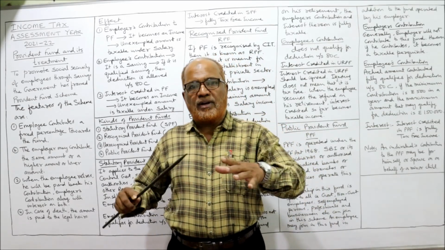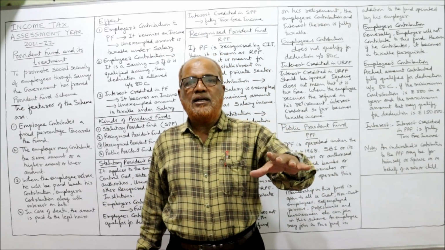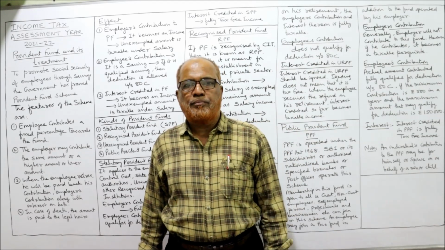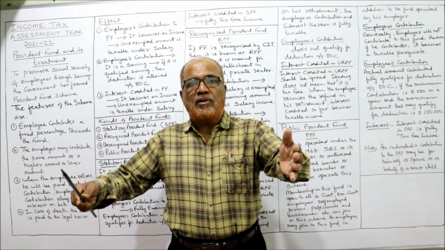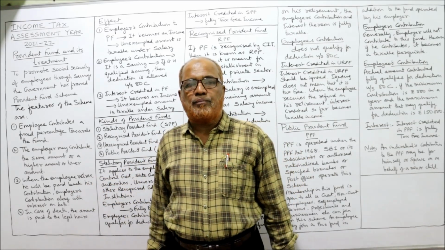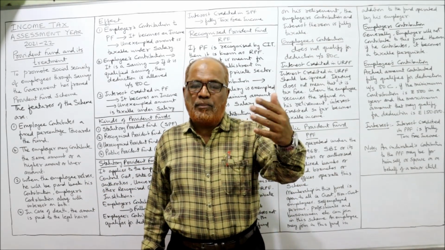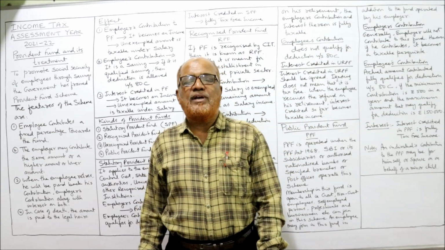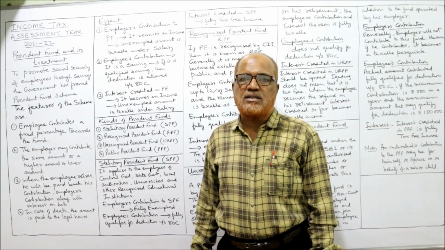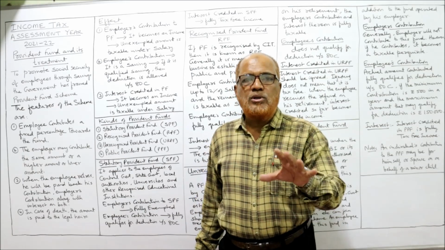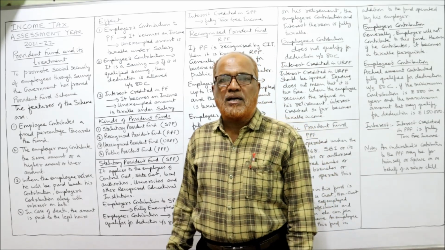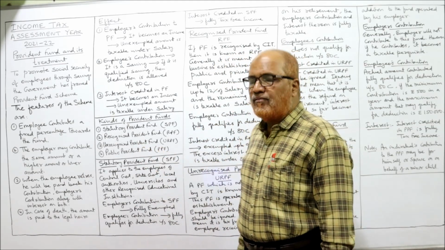Suppose the employee is working for 30 years, every month, every year, he is contributing something in the scheme. At the time of retirement, he will get back the refund from the scheme. With that money, he can make an investment or do anything so that he will not face any financial problems after retirement. So to promote the social security of the employees, the government has instituted this Provident Fund scheme.